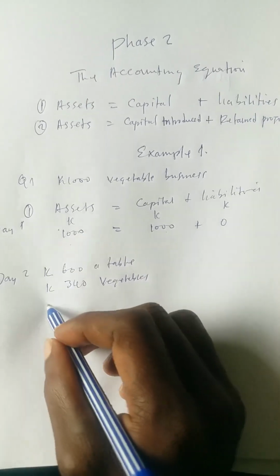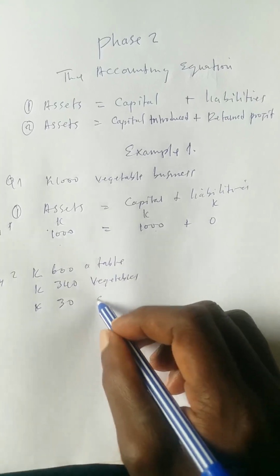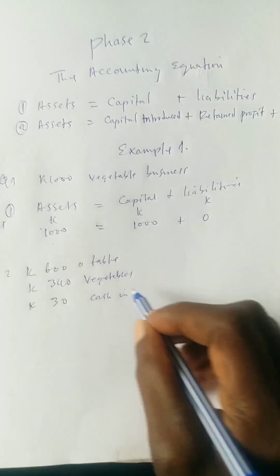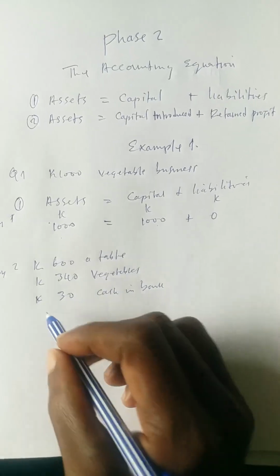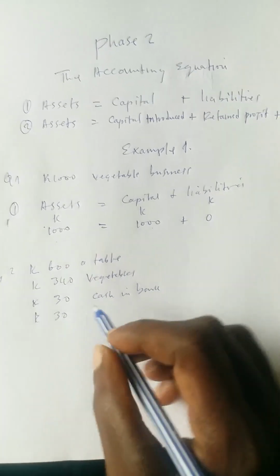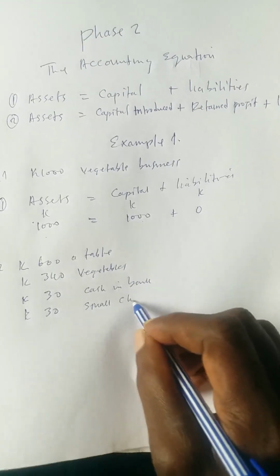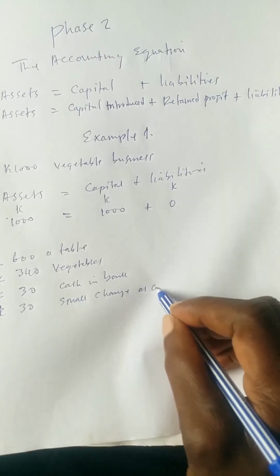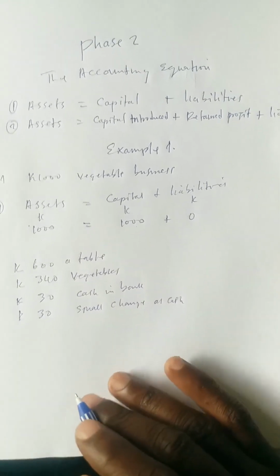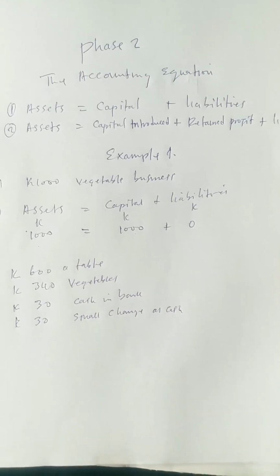And then your 30 kwacha you are going to keep as cash in bank. You are depositing this 30 kwacha in the bank, and then the other 30 kwacha you are keeping for small change in form of cash. So you've used your 1000 kwacha in that form.